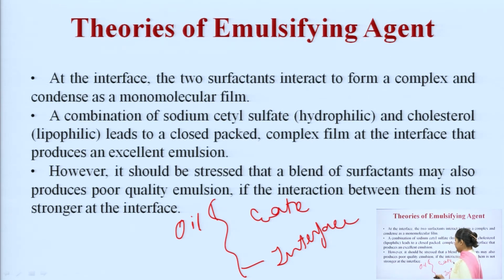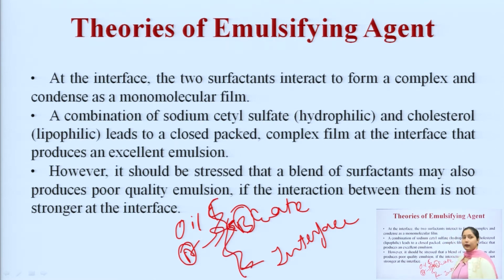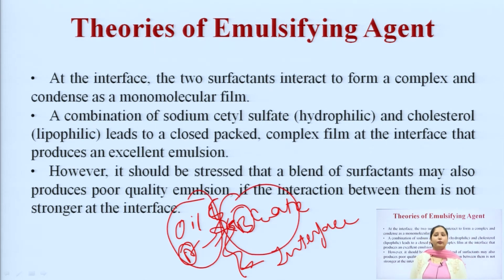At this interface, the two surfactants, let us take A and B, approach and interact with each other in such a way that they form a complex and condense as a single monomolecular film. That is, they form a single layer of film, thereby protecting the globules and preventing the collisions.